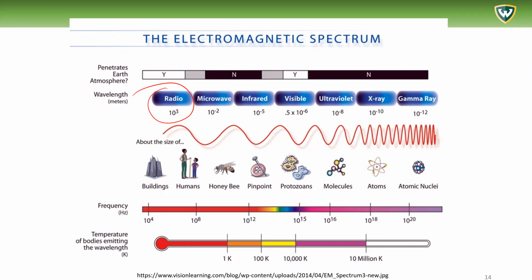These are frequencies within this range here, 10 to the 4th to 10 to the 8th hertz. These are fairly large waves. Usually they're invisible to the eye, but if you were to visualize them, they're the size between humans and buildings. So they're very large waves that can go very far distances depending on the specific frequency itself and the devices that are emitting them.